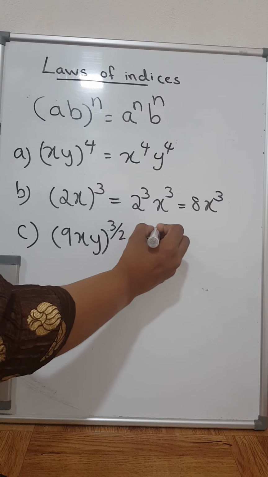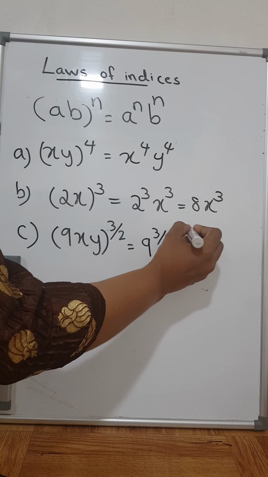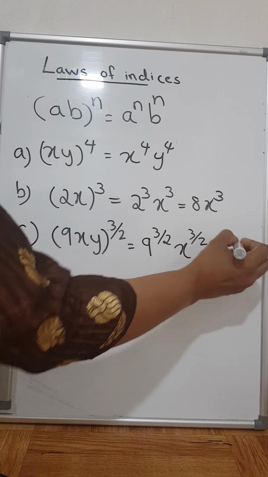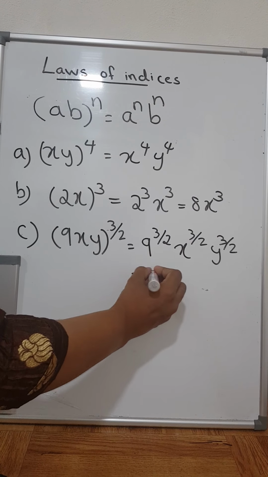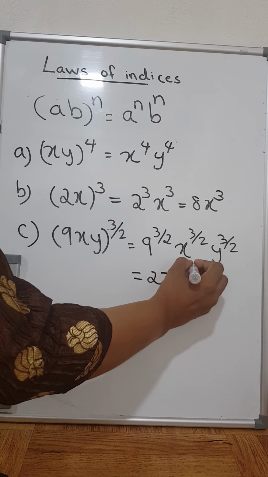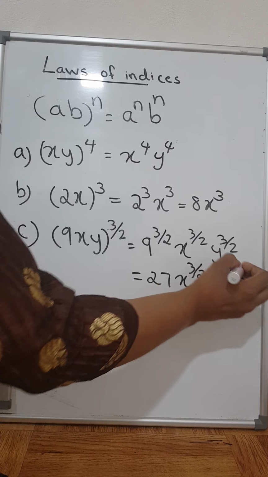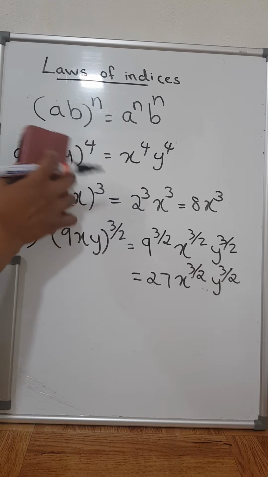So 9 to the power 3 by 2 times x to the power 3 by 2 times y to the power 3 by 2. 9 to the power 3 by 2 is 27. So 27 x to the power 3 by 2 times y to the power 3 by 2. An interesting rule, right? Now we will see the next one.